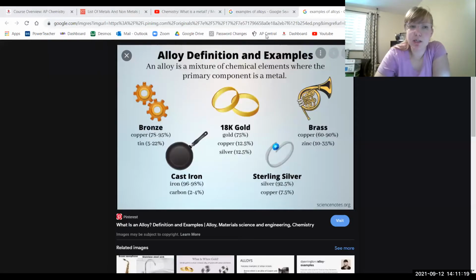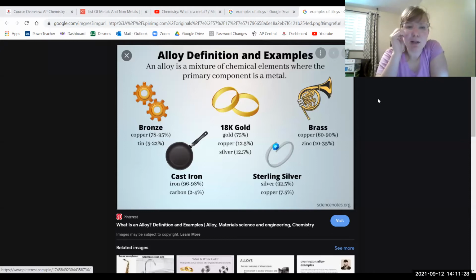So here are some examples of alloys. Let's see. Whoa, let's put my face there. Bronze is where you take copper and tin in the ratios that are shown up there.